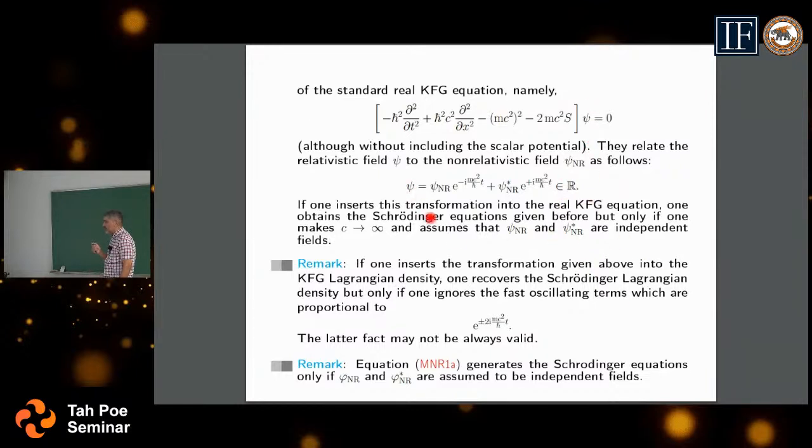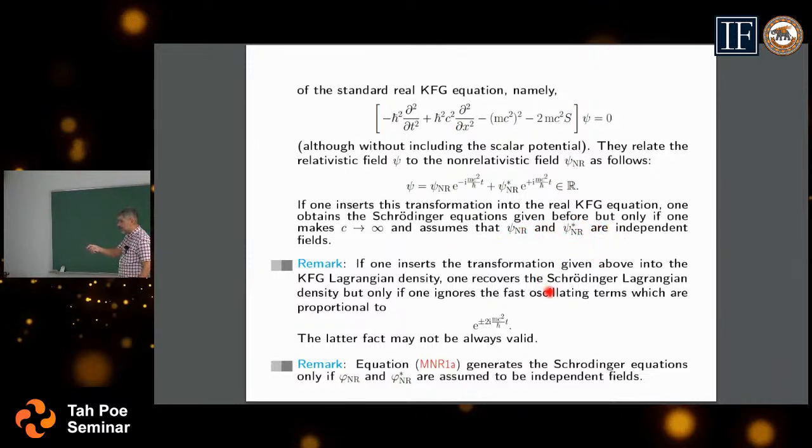Okay, but this is real because this is proportional to the real part of this thing. So they are proposing this real, and they use this ansatz. If you put this inside this equation, you get the Schrödinger equations when you take this non-relativistic limit, and you assume there are independent fields.